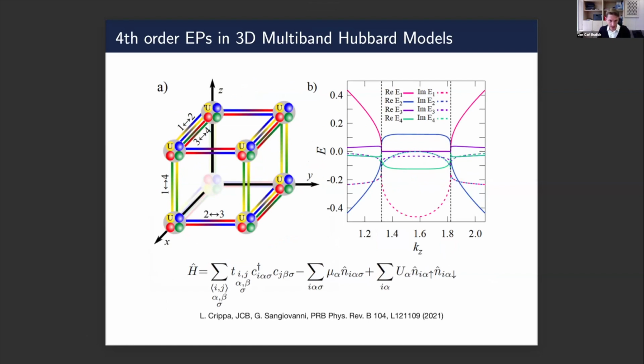We also explored the three-dimensional system where you expect that fourfold degeneracies could become stable. And this is a four-band system illustrated here. The colors are the four different orbitals. And we have, in the simplest case, interactions only on one orbital, the yellow one.